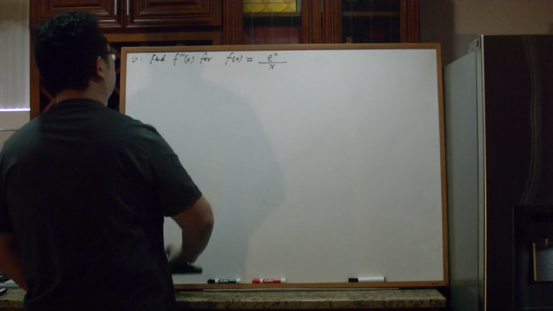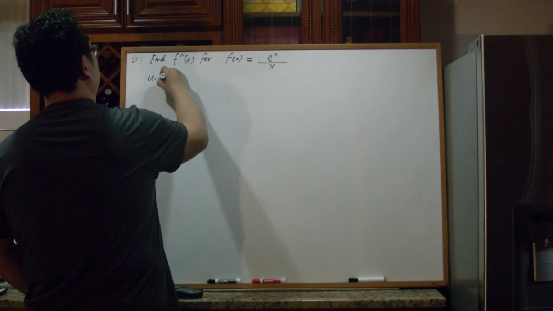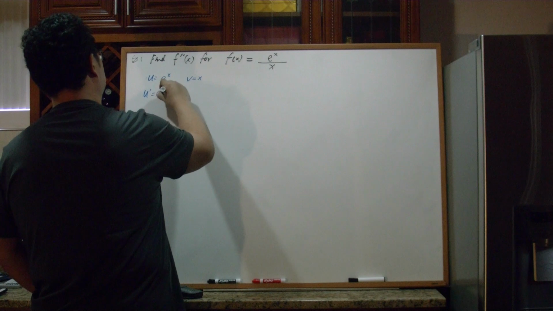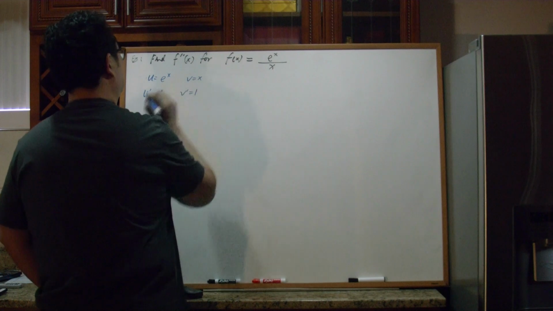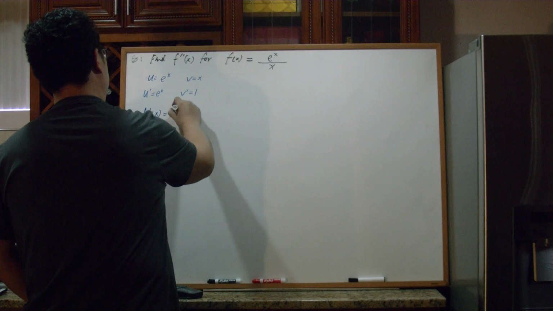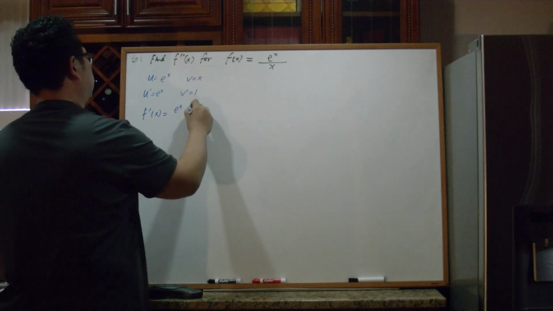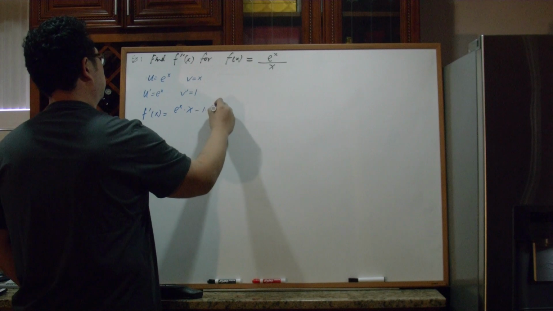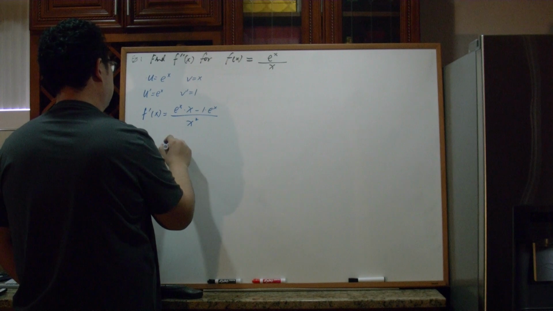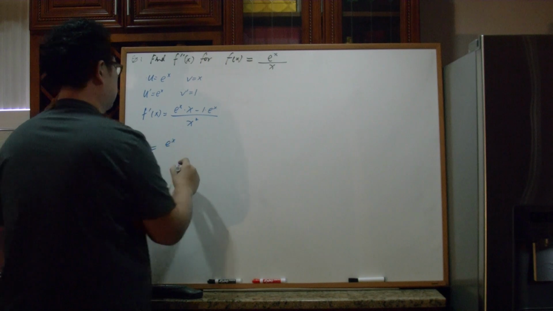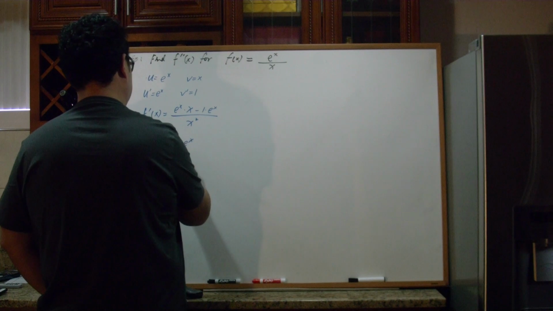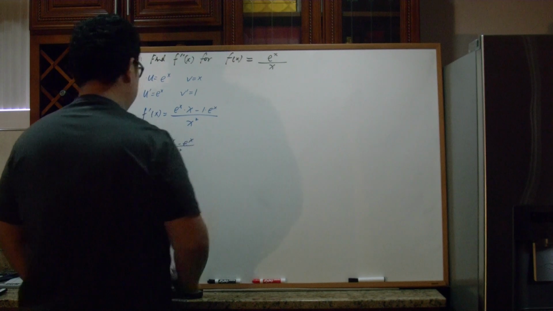So first of all, u equals e to the x, v is x, u prime is also e to the x, v prime is 1. Right? So we get f prime of x, u prime times v minus v prime times u over v squared. That is e to the x times x minus e to the x over x squared.